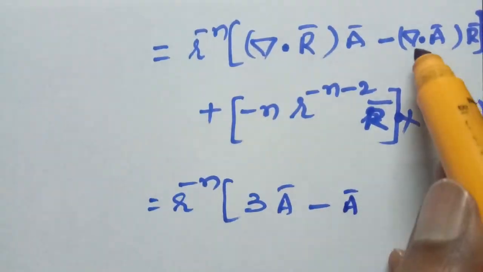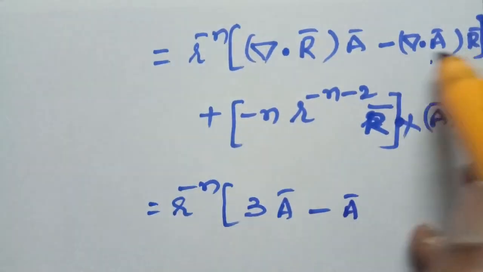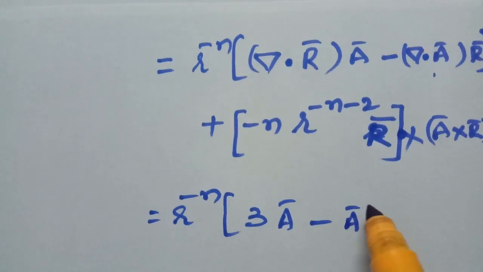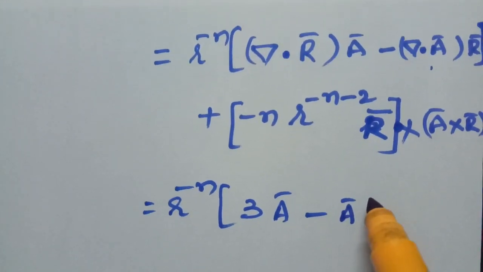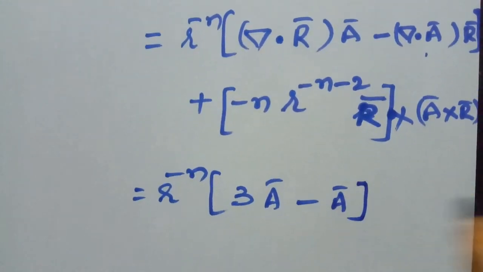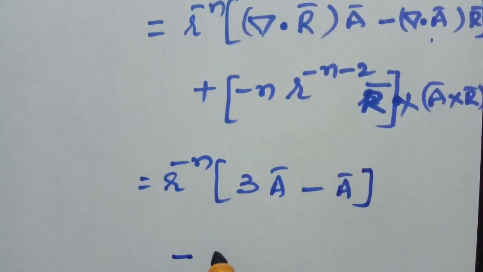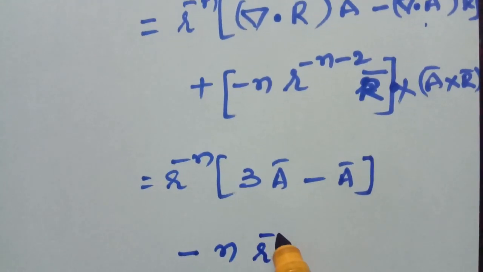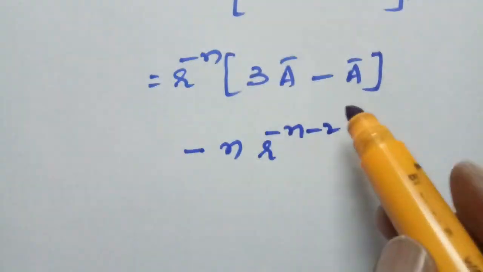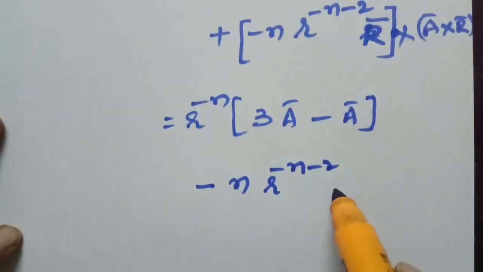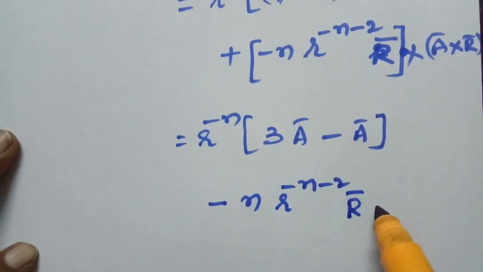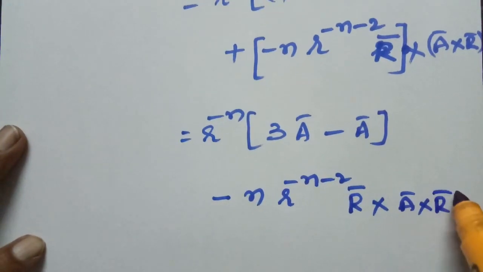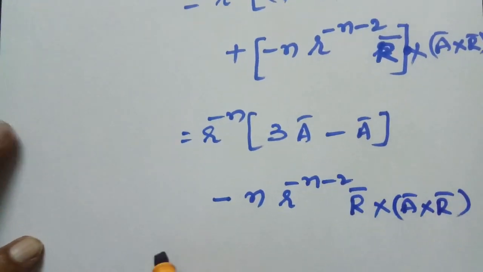After the completion of this problem, I will prove how it becomes a bar. Minus n into r to the power of minus n minus 2 into r bar cross a bar cross r bar.